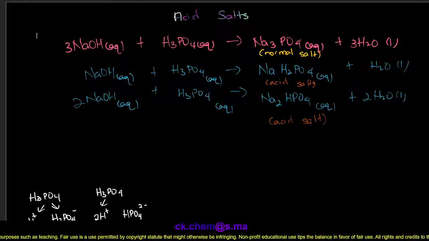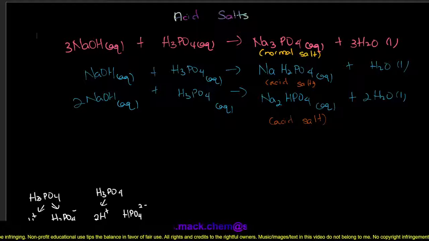So in summary, a salt is a compound formed when metal and ammonium ions replace the hydrogen ions in an acid. A normal salt is formed when all of the hydrogen ions are replaced, and an acid salt is formed when some of the hydrogen ions are replaced.